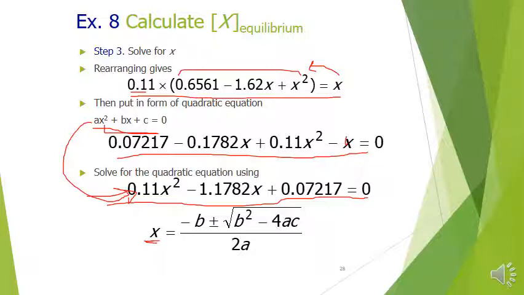You'll end up getting two values for x, because you have a plus and minus here, and you have to decide which x makes more sense. So we'll solve for x, get two x's, and then see which one makes sense. Hopefully you see how we're doing things.